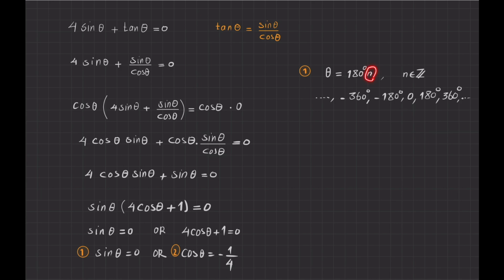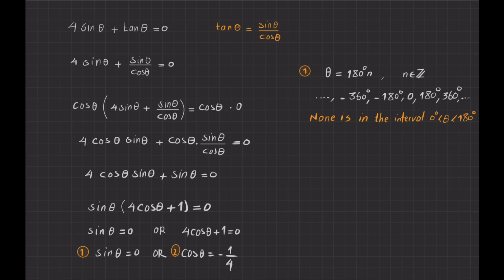For example, if I put minus 2, I get this one. If I put minus 1, I get this one. If I put 0, I get this one, and so forth. But as you see, none of them are actually in this interval. So even though generally speaking all these angles are solutions to this equation, none of them is in this interval, so we will not accept them.